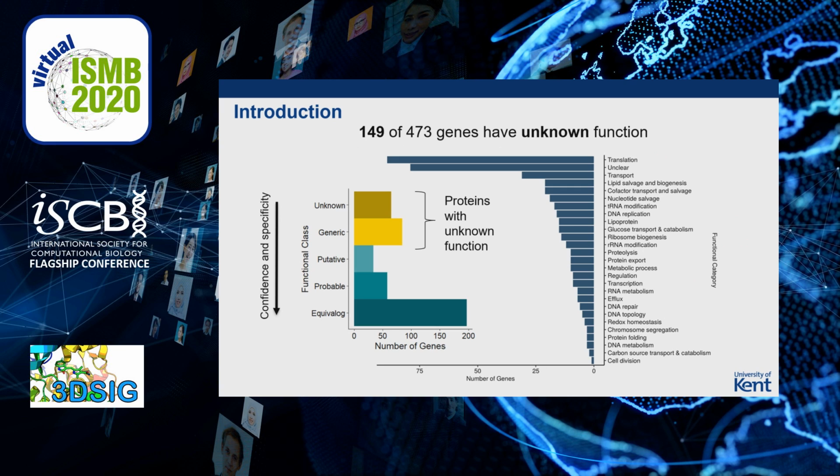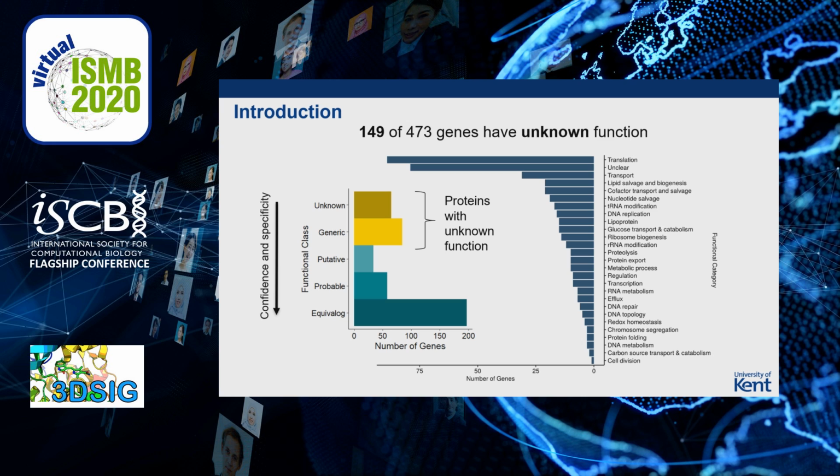The group used three methods to find the functions of those genes, and they were unable to find confident functions for 149 of them. In the process of annotating the genes, they split them into 5 functional classes according to confidence and specificity.